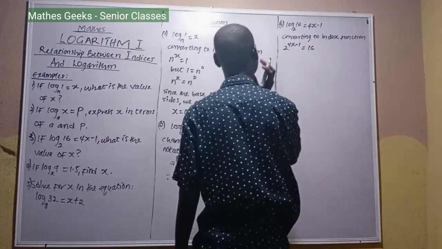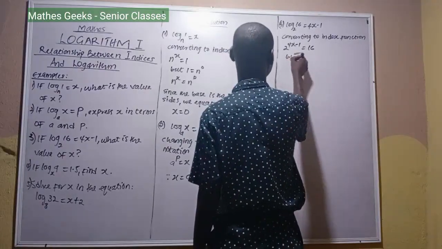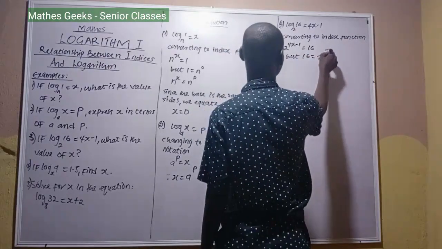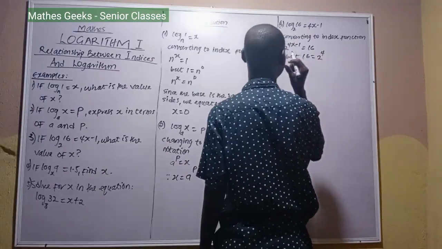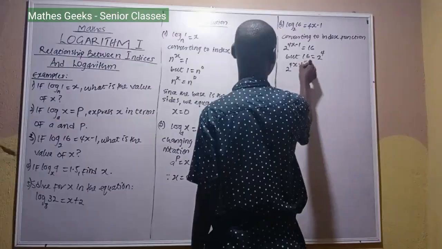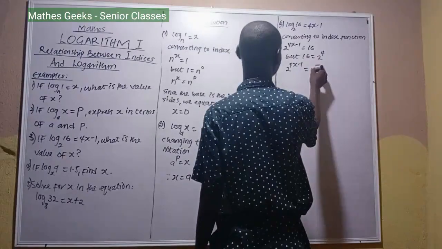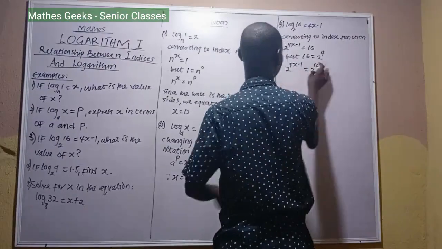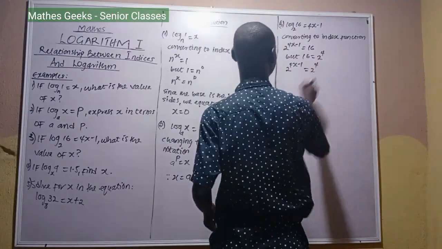And 16 can be written in index notation as 2 raised to power 4, so we say 2 raised to 4x minus 1 is equal to 2 raised to power 4.